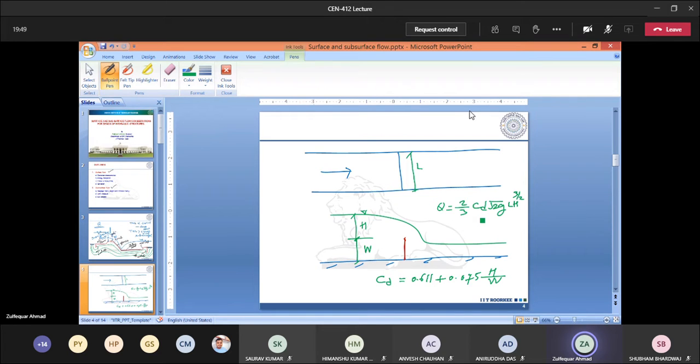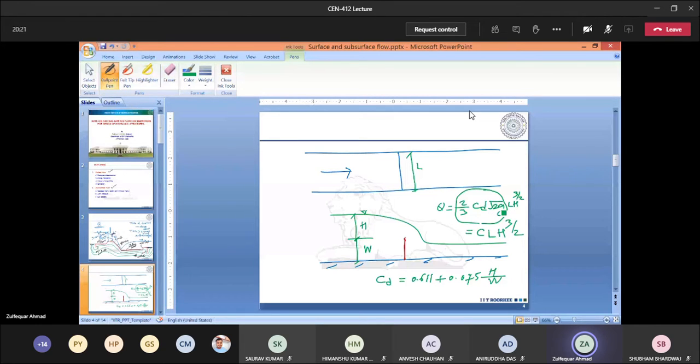In short, you can club this and write it in very simple terms as C L H to the power 3 by 2, where this C is a discharge coefficient. This is not the coefficient of discharge, I mean, this is not a correction factor. This is a discharge coefficient, and that is equal to 2 by 3 Cd under root 2g.